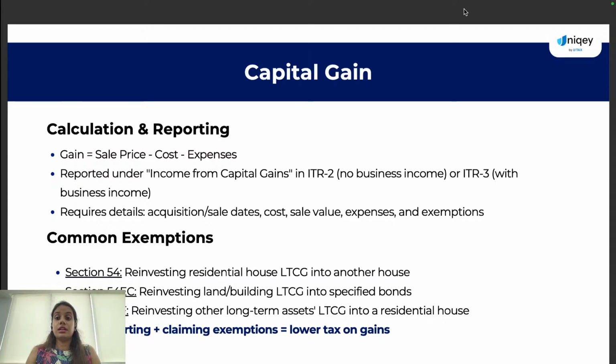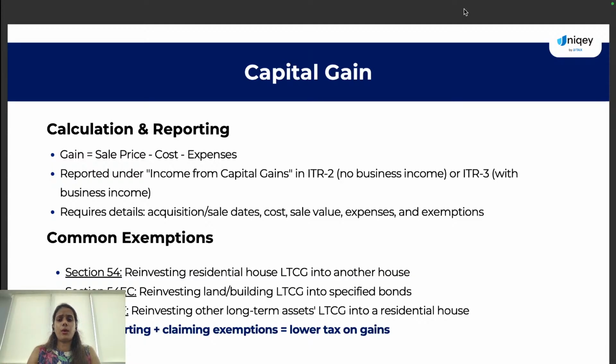The details required in the capital gain head are acquisition and sale dates, cost, sale value, expenses or exemption. These are the details required to compute any capital gain and to report it in the ITR. Now the most important thing is how we can save our taxes on capital gains.